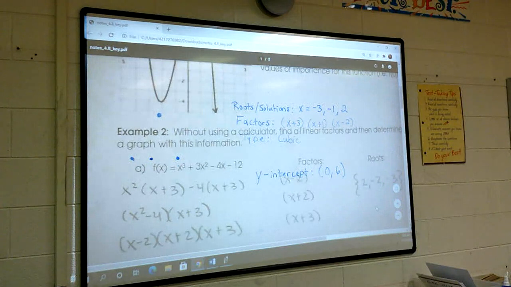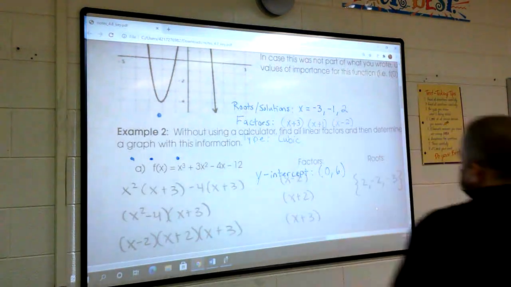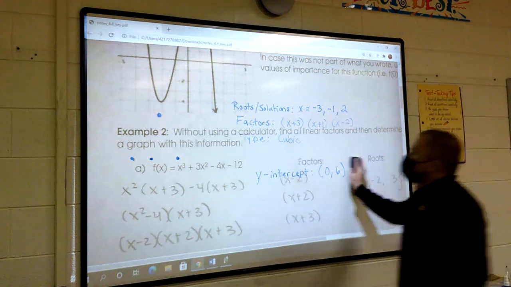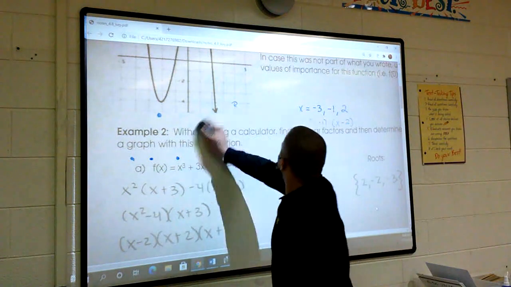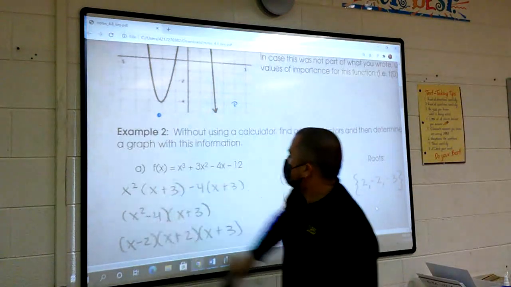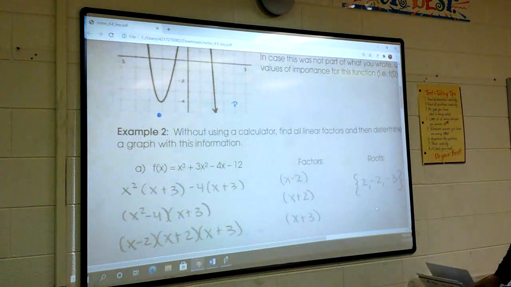So in this problem, it is x to the third plus 3x squared minus 4x minus 12.